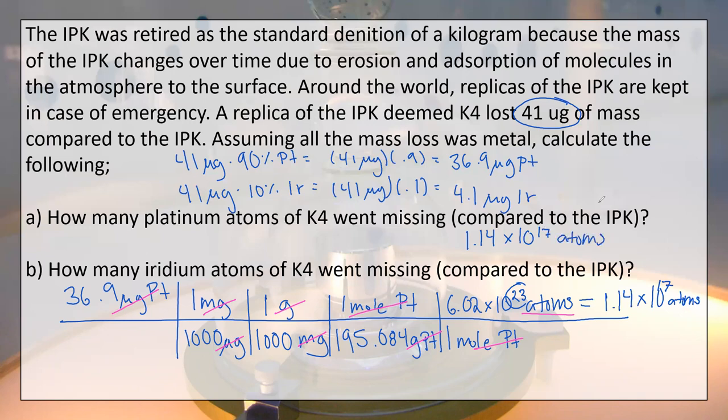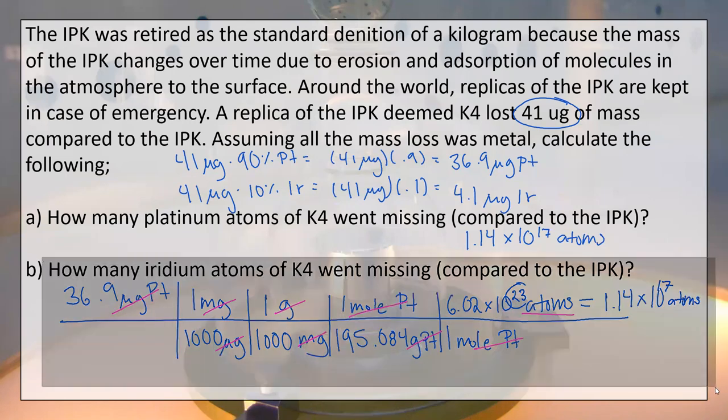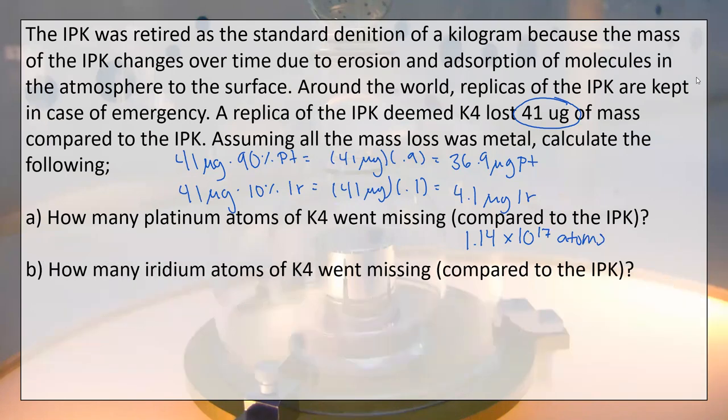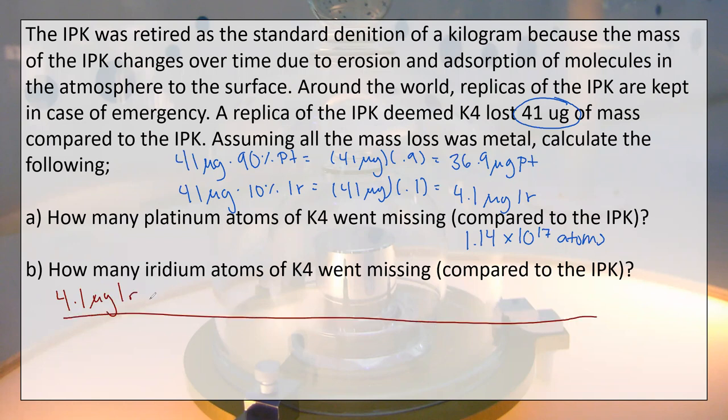And then we can do the iridium problem. I'll choose a different color for iridium. Okay, so it's going to be the same process with iridium, just slightly different numbers. But it's good practice. So we decided that 10% of 41 micrograms is 4.1 micrograms of iridium mysteriously went missing.